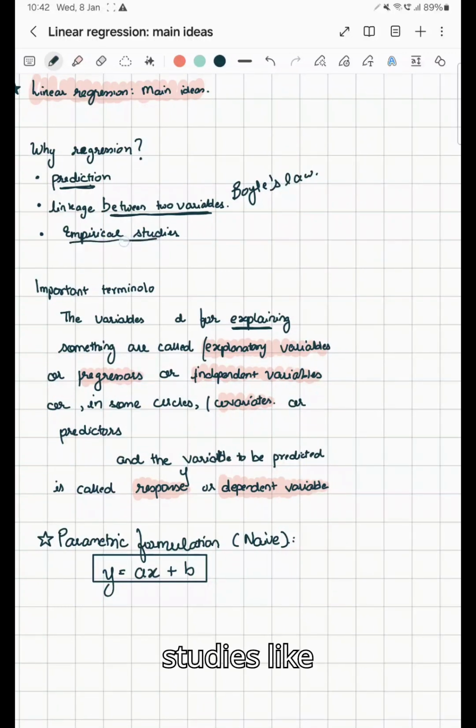And empirical studies like the one Francis Galton conducted in the late 19th century. His hypothesis was that if we were to breed successive generations, taller parents would produce taller children.